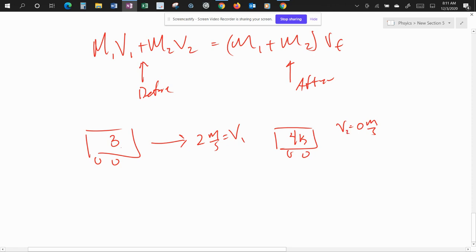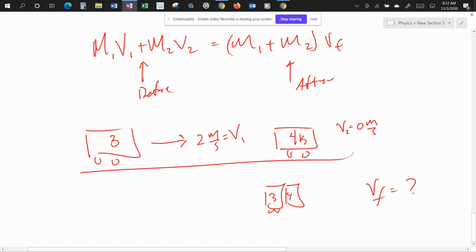This obviously is M1. I always pick the one on the left to be M1. The one on the right is M2. So they smash into each other, and I want to know what their velocity is when they're stuck together, right? So I'm not even going to draw the whole situation. This is before, and then the after situation, I will draw it. It looks like this here. So you got a 3 and a 4 stuck together, and they're moving at some speed that you know has to be less than 2 because you just increased the mass by quite a bit.